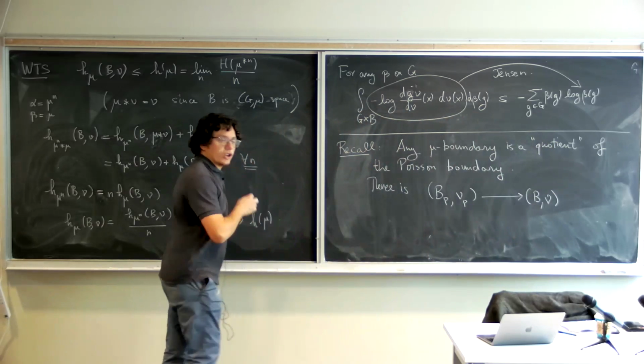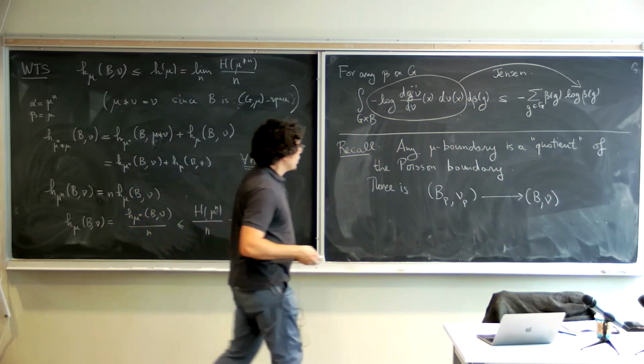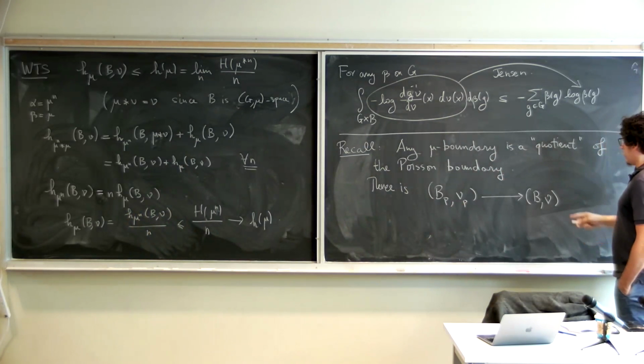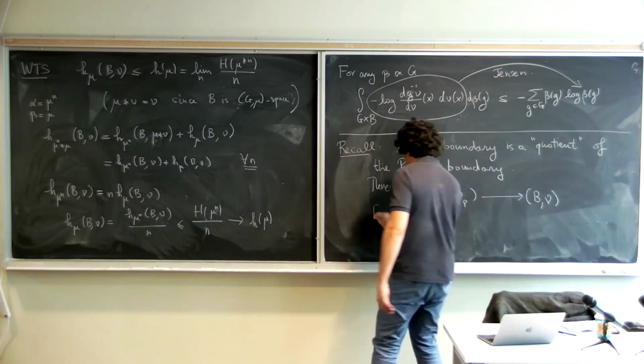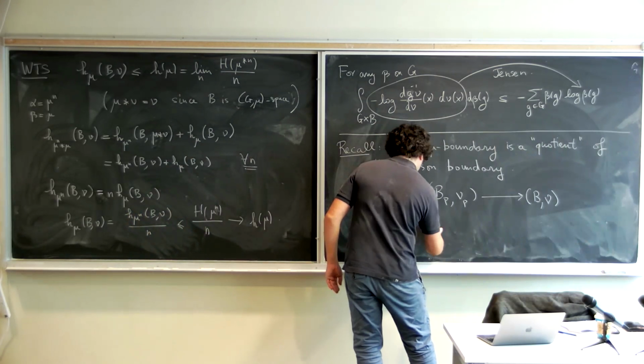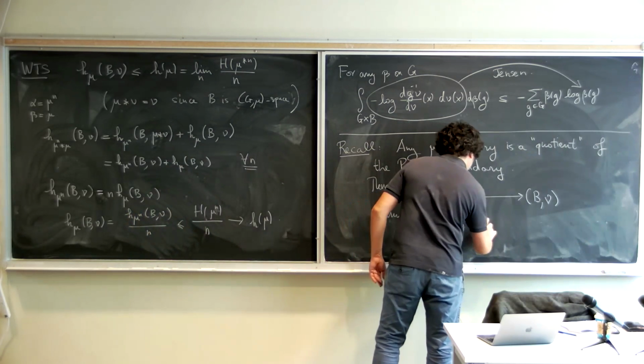There's always such a projection map. So this is true for any mu boundary B nu.